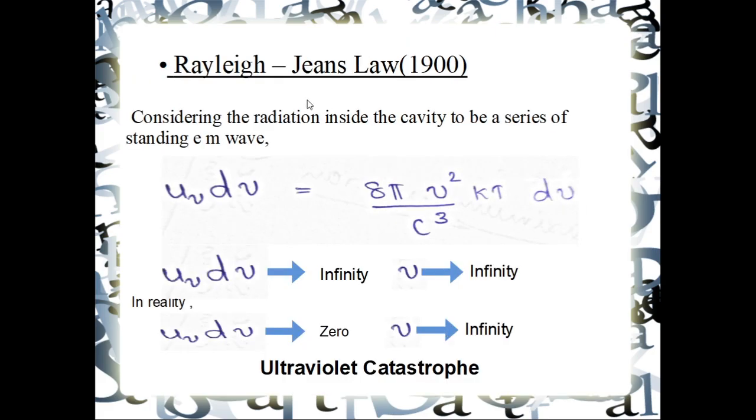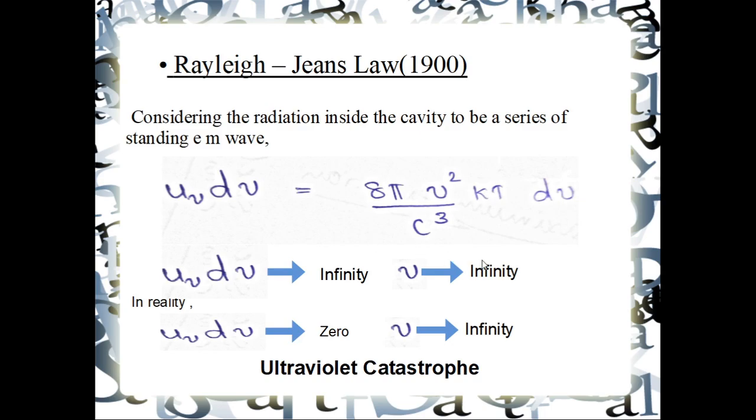Then the Rayleigh Jeans law, proposed in 1900. Considering the radiation inside the cavity to be a series of standing electromagnetic waves, Rayleigh and Jeans proposed this form for the blackbody spectrum, which states that u nu d nu equal to 8 pi nu square by c cube into kT d nu, where k is the Boltzmann constant.